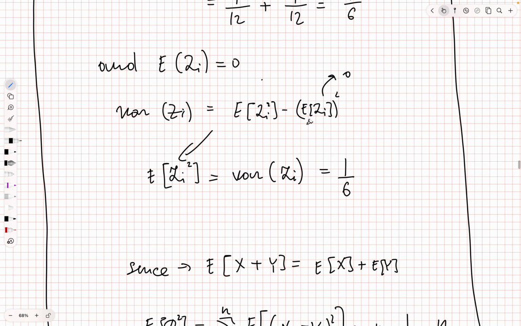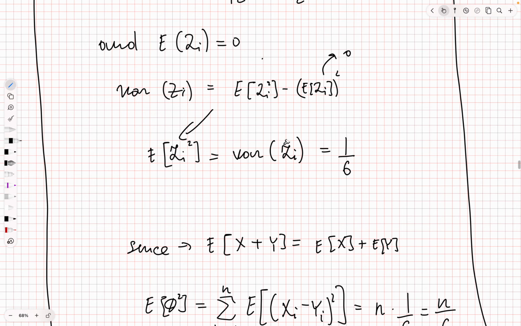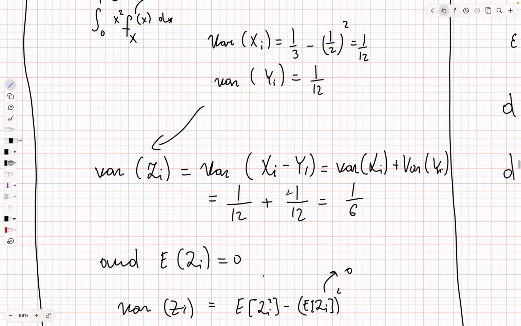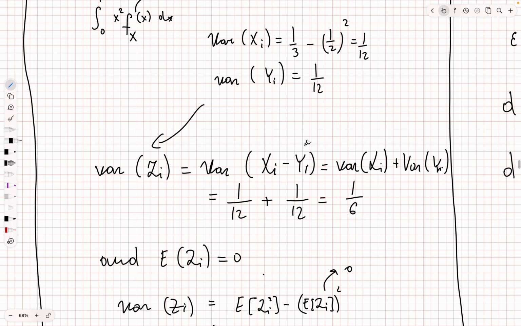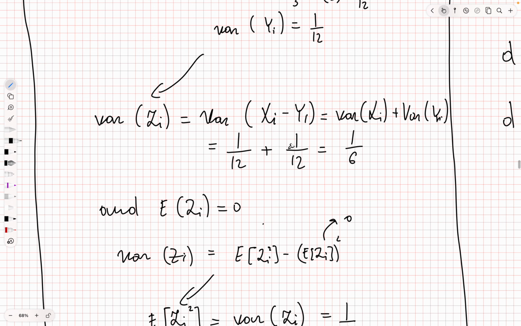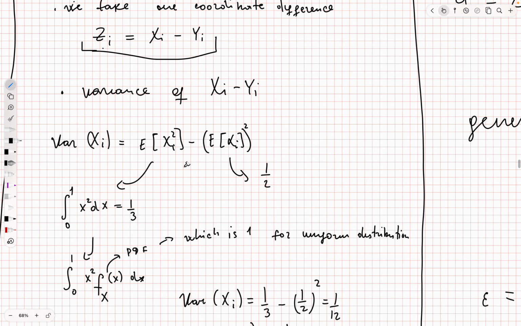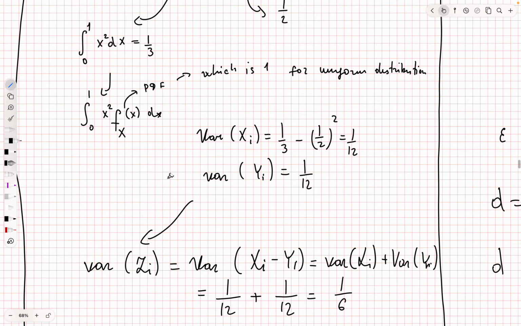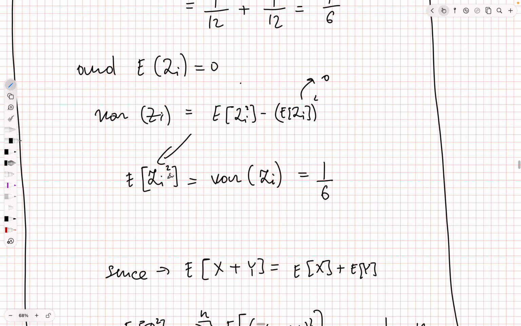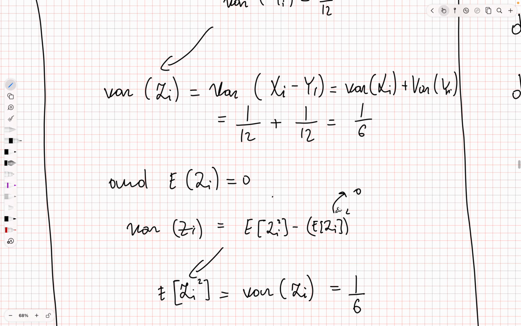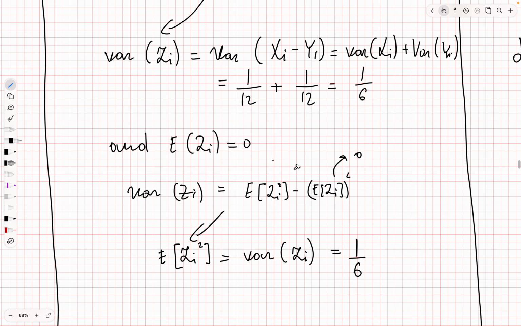The expected value of zi is 0 because we use this: the expected value of zi is the expected value of xi minus the expected value of yi. And we know that they were the same, they were 1 over 2, which we calculated here. So 1 over 2 minus 1 over 2 is 0. That's why the expected value of zi is 0.